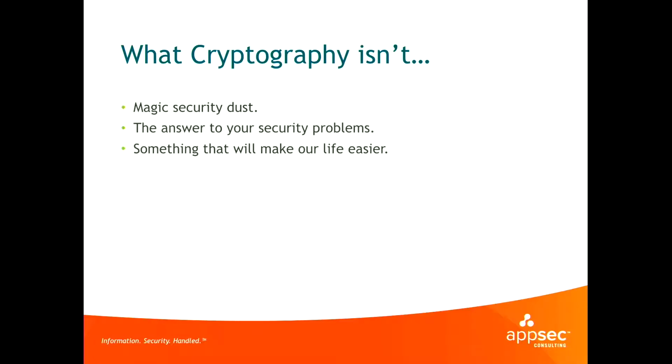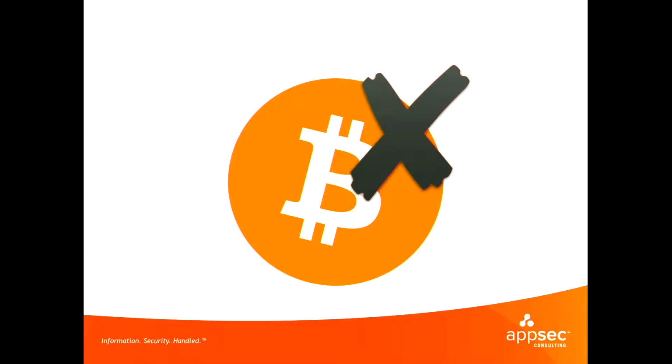And while we're using the term crypto, something else that it's not is cryptocurrencies. Yes, they are based on cryptography. They use it extensively. Interestingly enough, if you look at something like Bitcoin, the core protocols that it uses are the same things that are used in business applications today.